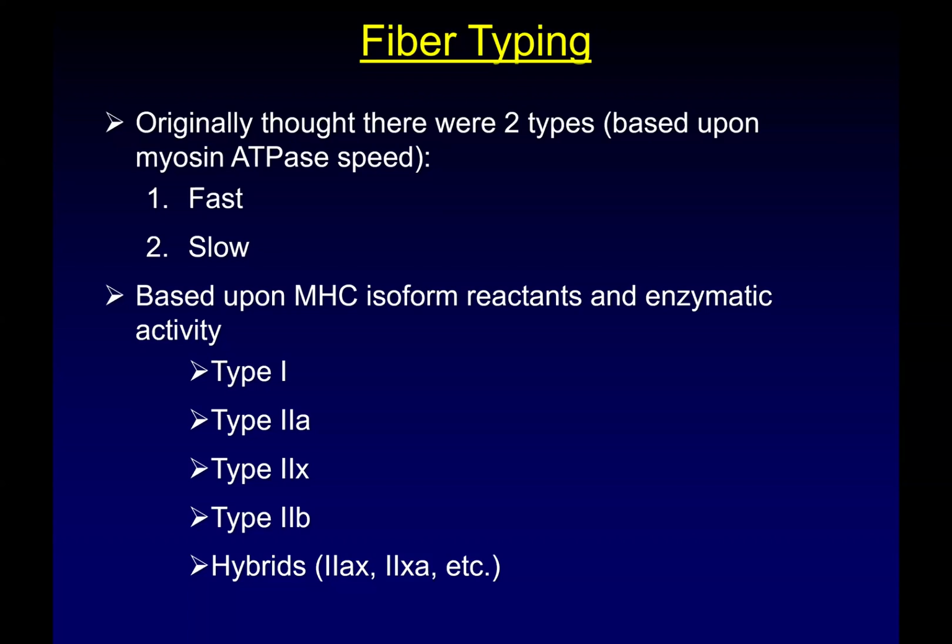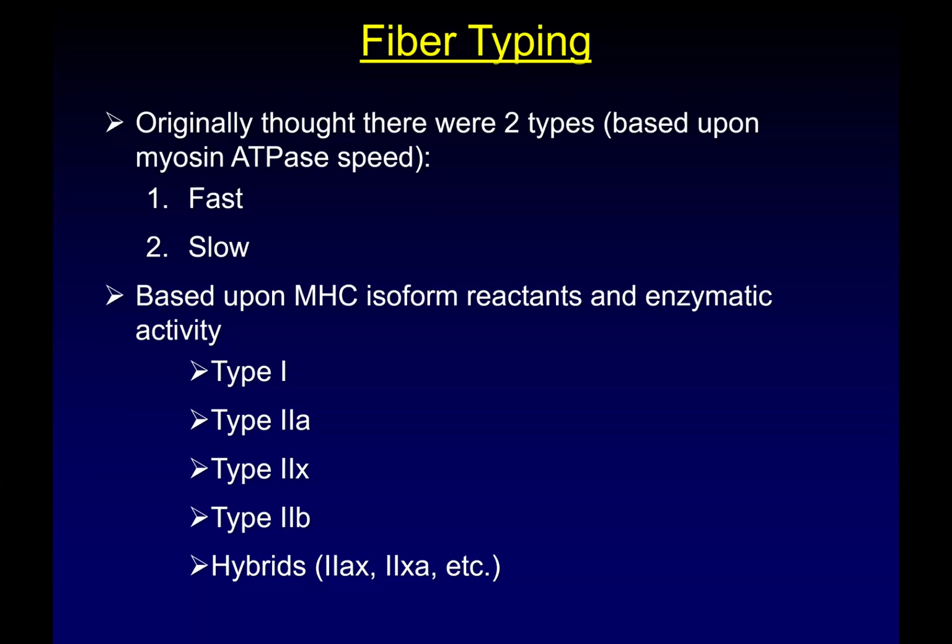Slow twitch fibers, it's just one. But within the fast twitch fibers, there is type A, type X, and a very rare one in humans called B. B is very common in cats, mice, rats, lower animals that can run really, really fast. So we'll see about those.